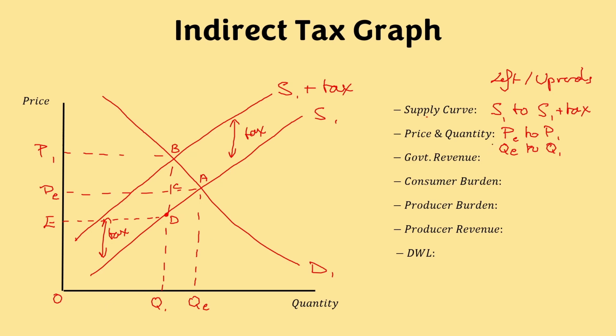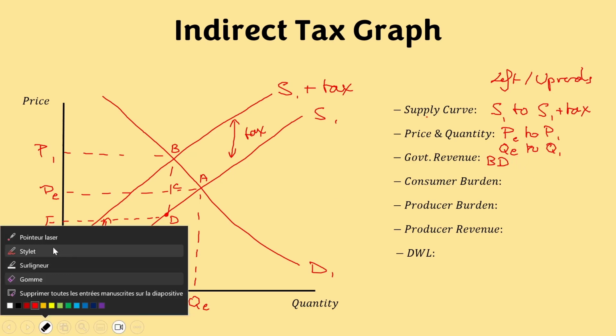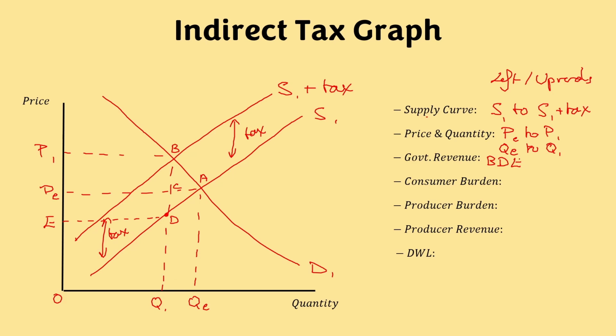So the government revenue would be B to D, the tax, times the quantity of goods, which is EP1. BD times EP1.